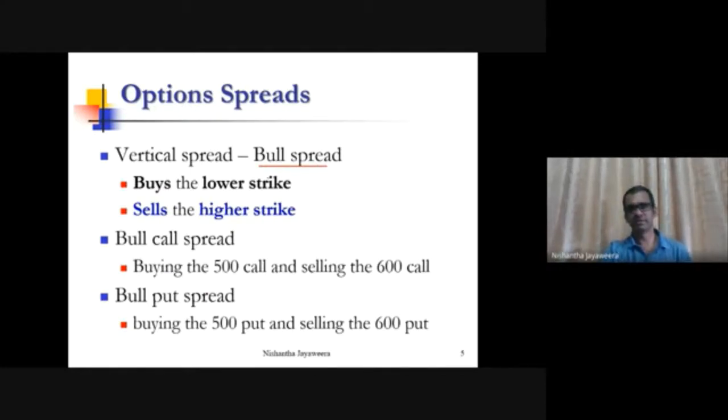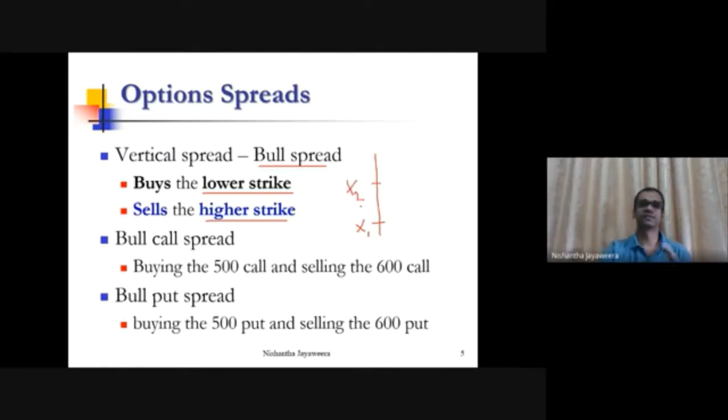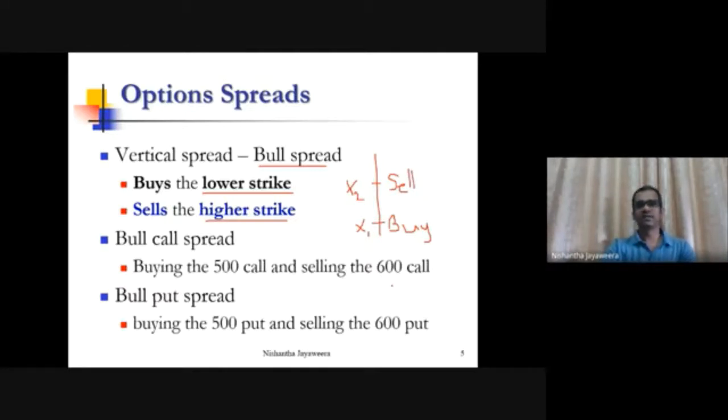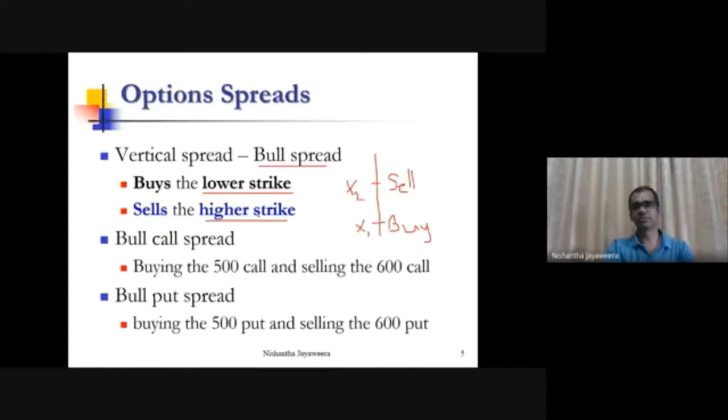You buy an option with a lower strike and sell an option with a higher strike. So this is X1, this is X2. Two different strike prices. You buy this one and you sell the option with a higher strike. It can be a call option or a put option.